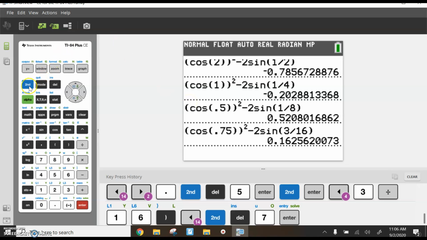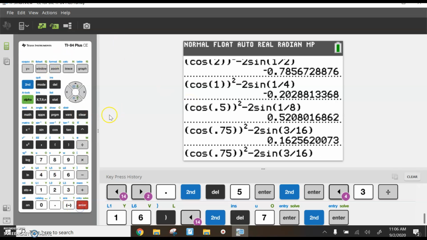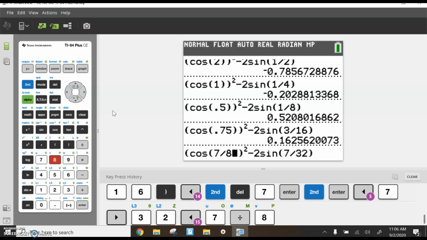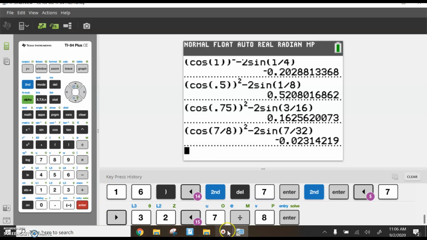We're going to do second entry. This will be 7 over 8 times 4 is 32. And I'm going to make this just 7/8, and hit enter. And I get a negative there.